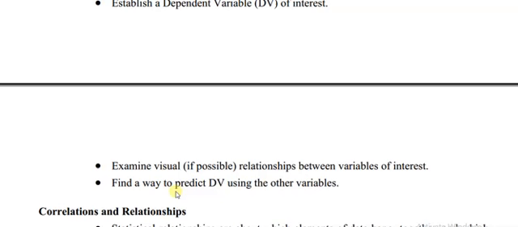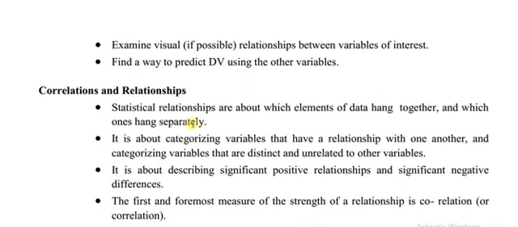So next we see what is correlation and relationships. Correlations and relationships are very important in case of the regression analysis. The statistical relationships are about which elements of data hang together and which ones hang separately. So what we do in a statistical relationship is find how close the different elements in the given data are.